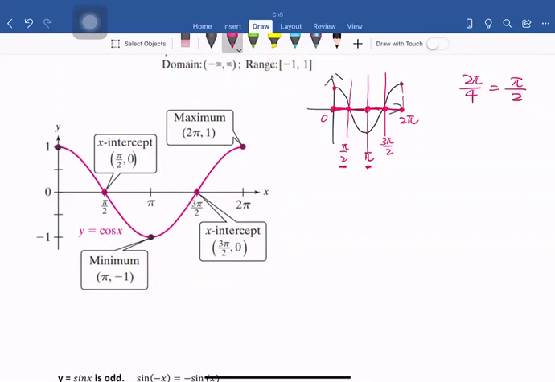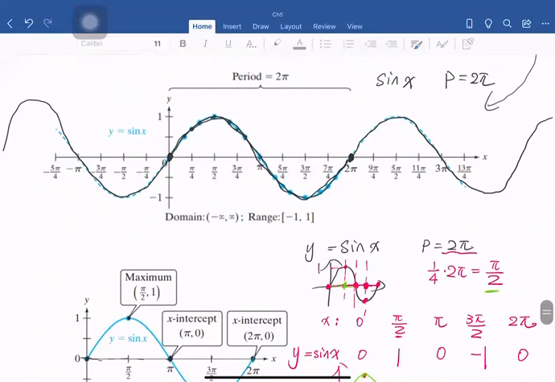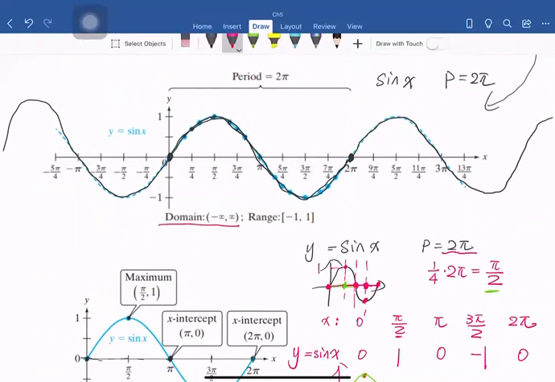And very important things that from the sine and cosine graph, you're gonna see the domain for the sine of x is from -infinity to infinity. This is -infinity. This is infinity.